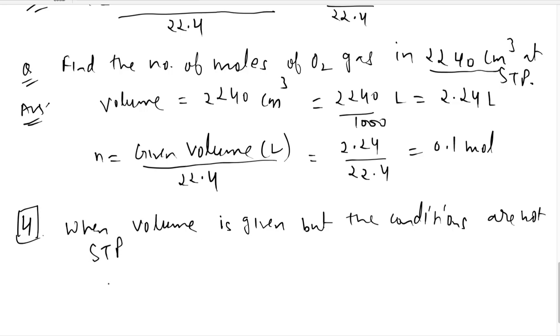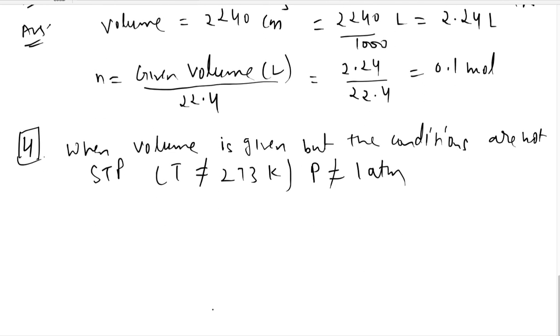Okay, they are not standard. That means temperature is not 273 Kelvin and pressure is not equals to 1 atmosphere. Under this condition, you are supposed to use the ideal gas equation.